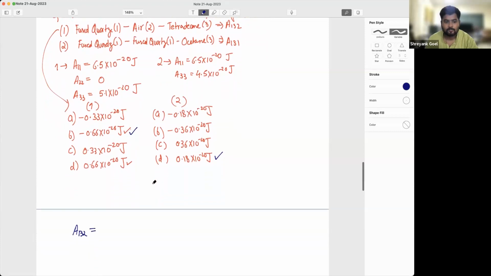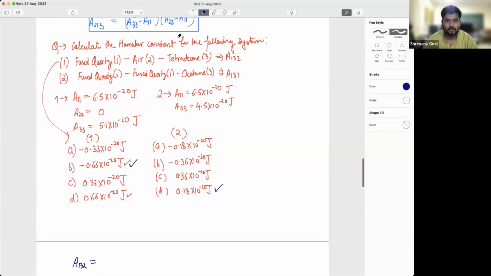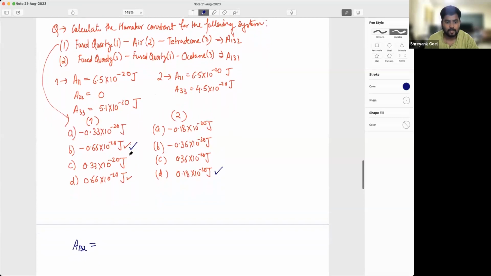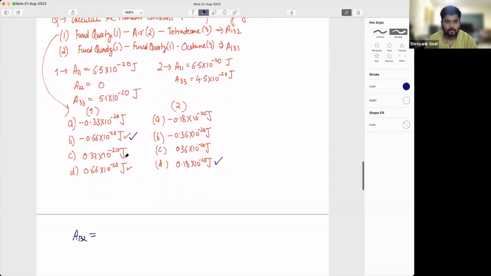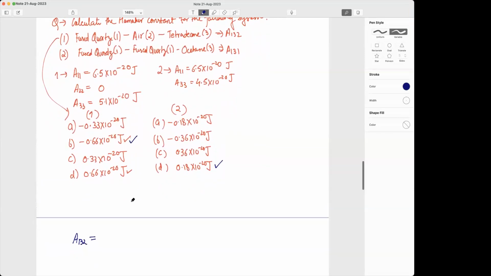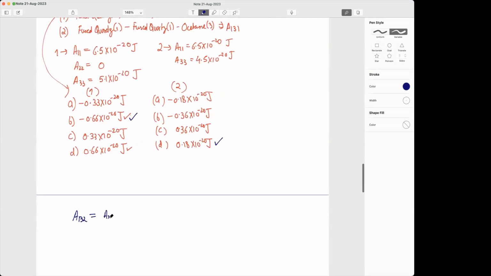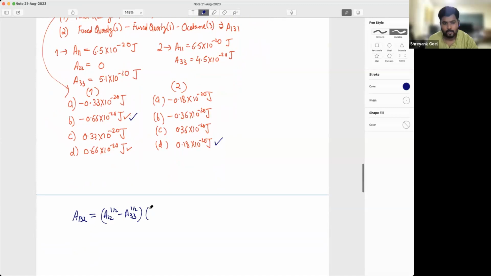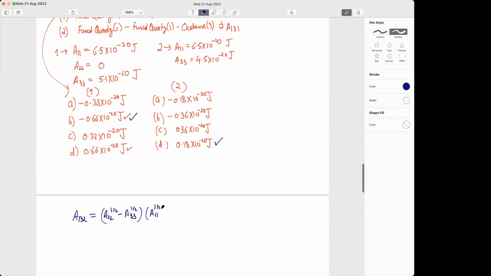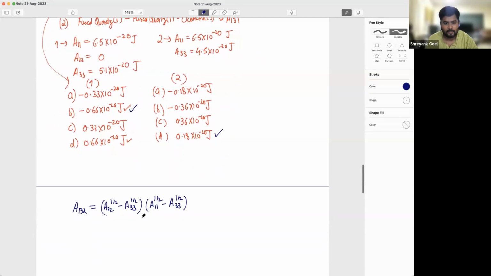So who solved it? Dipanvita, can you tell how you have solved the first one? Sir, (A22 to the power half minus A33 to the power half) into (A11 to the power half minus A33 to the power half). Okay, and why like this?